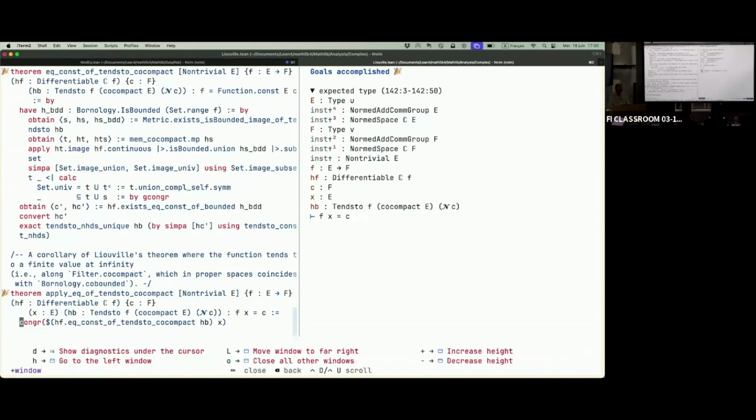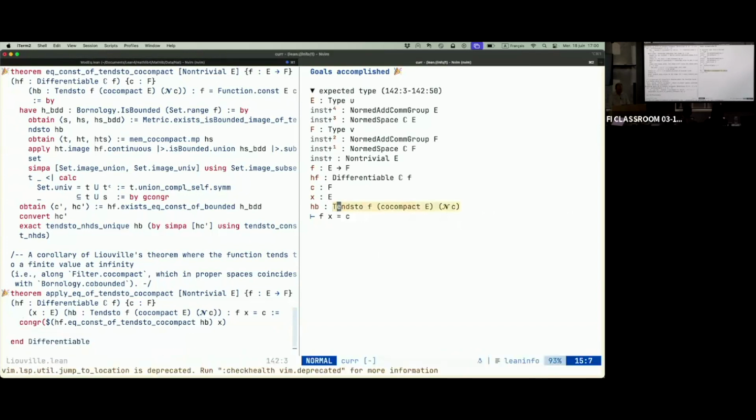Because there is this statement that f tends to C at infinity, because co-compact E is a filter of complements of compact subsets. So this statement, HB, means f tends to C at infinity, and then f is constant of value C.